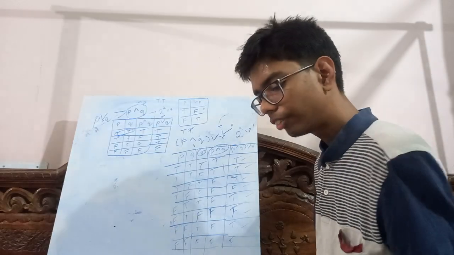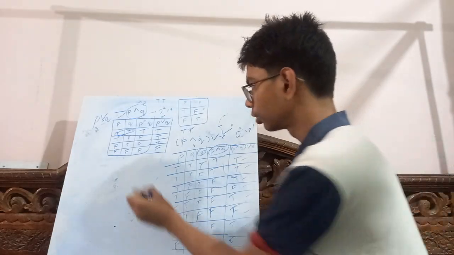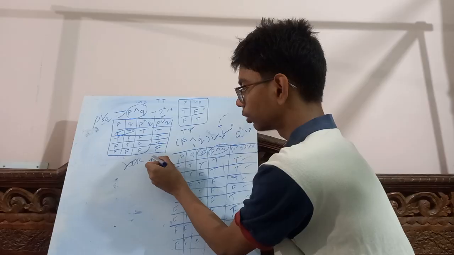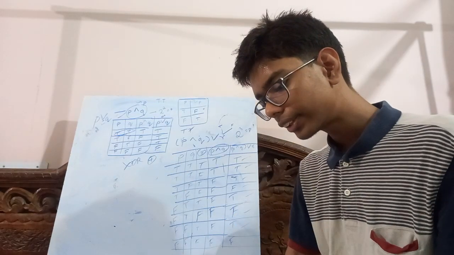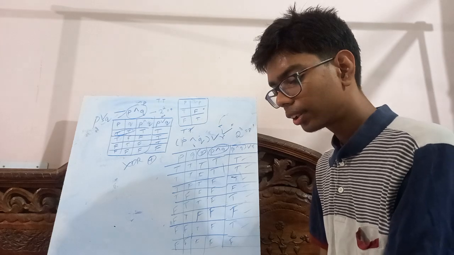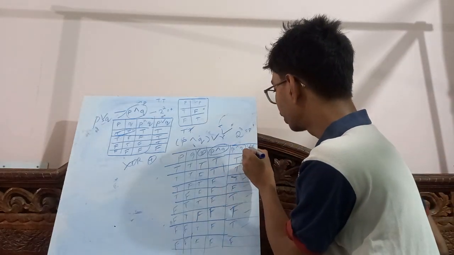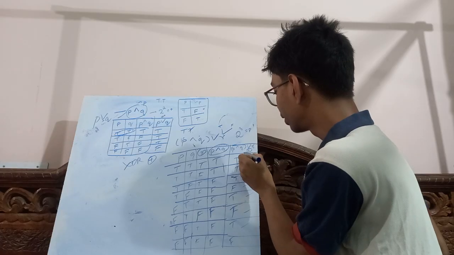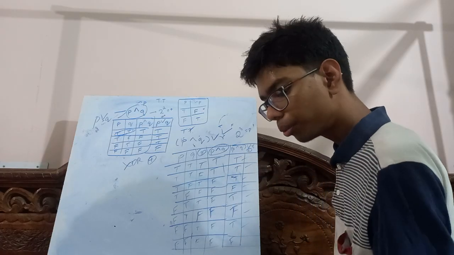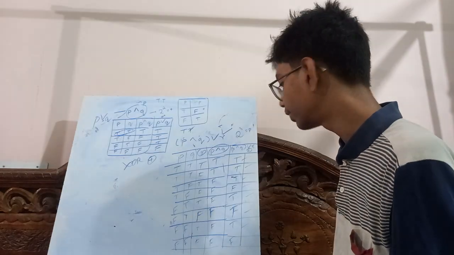And then we will discuss exclusive OR, that is XOR, denoted by this symbol. It says that when both are different, then I will get my proposition as true. So if there is XOR here, and both propositions are different, I will get true.